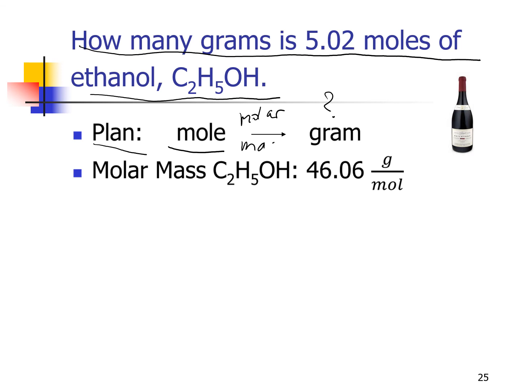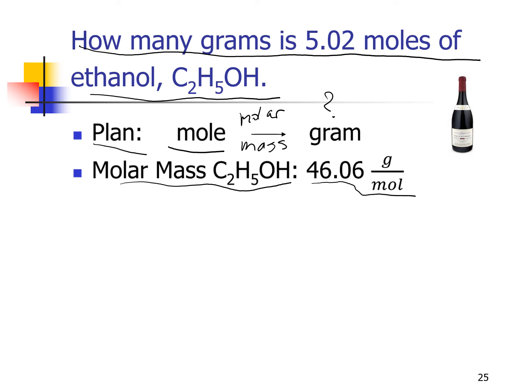In this problem, I have given you the molar mass to save us time, but again, you could calculate the molar mass of C2H5OH from your periodic table by looking at the atomic weights of 2 carbons, 6 hydrogens, and 1 oxygen. If you add those all up, you would come up with 46.06 grams per mole, or AMUs. We want molar mass to do our conversion, so we're going to use units of grams per mole.